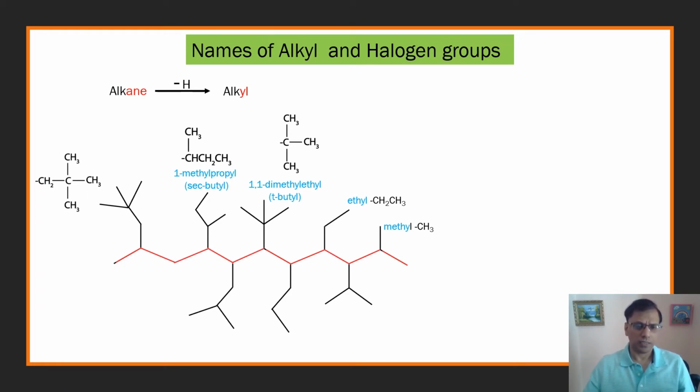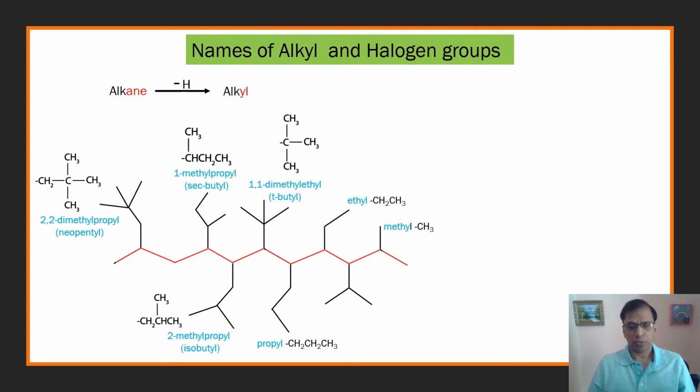And then you have another alkyl group right here. This is 2,2-dimethylpropyl. Again, this carbon atom is number 1, number 2, number 3, and there are two methyl groups attached to carbon atom 2, so it's 2,2-dimethylpropyl. This is also called the neopentyl group. Then we have the isobutyl group right here.